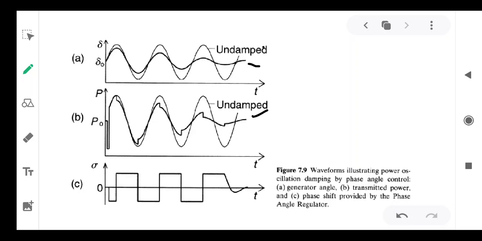By providing the phase angle control sigma in sympathy with the system variations, from dP by d delta, when dP by dt and d delta by dt both are increasing, you will provide the negative sigma. When both are decreasing, you will provide the positive sigma. This is positive, negative.